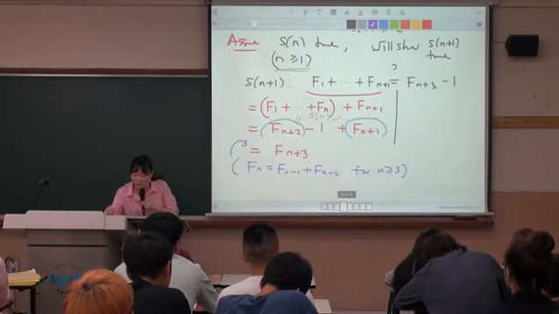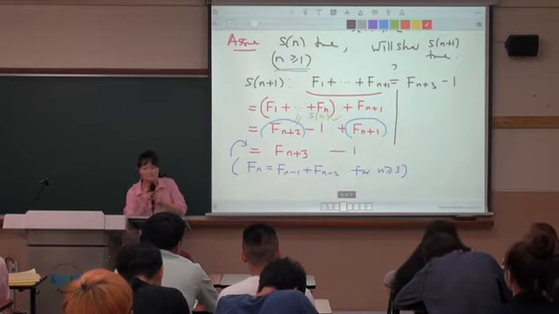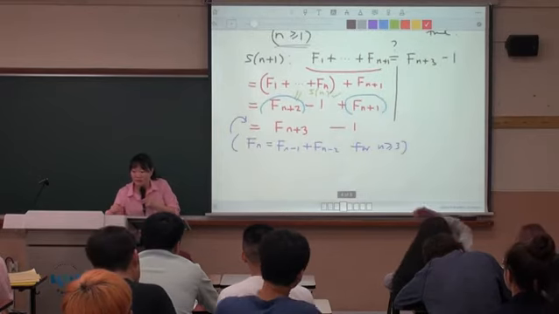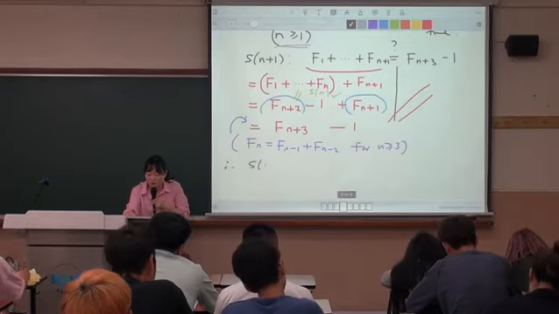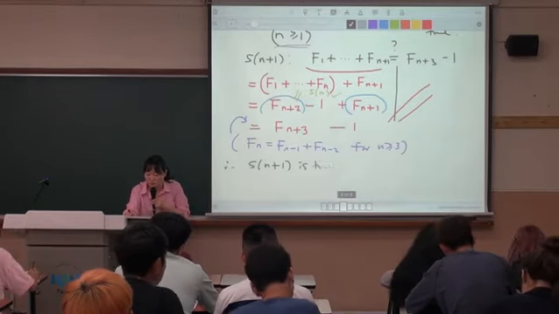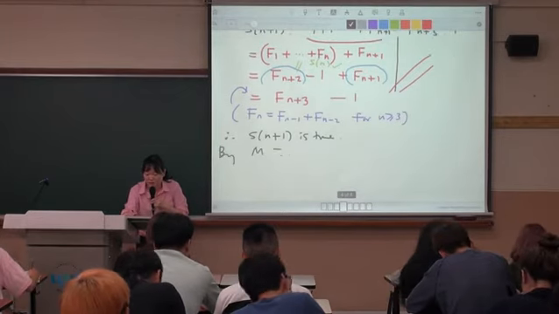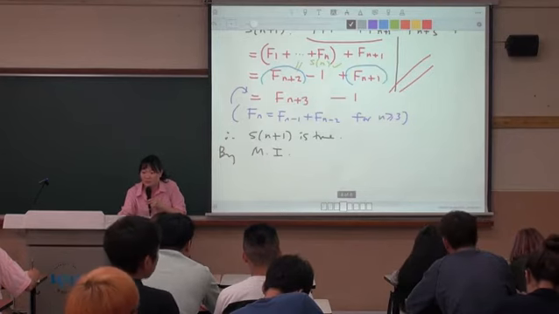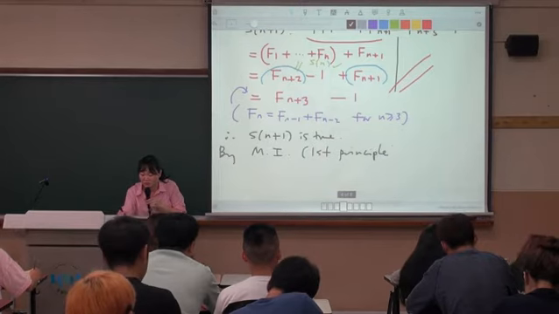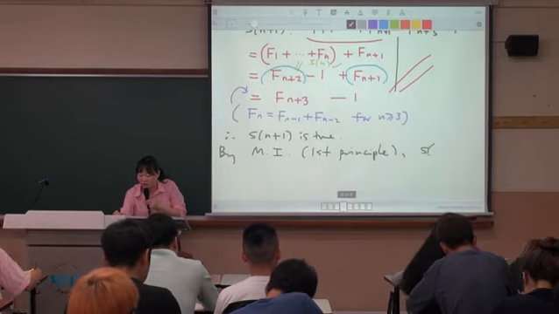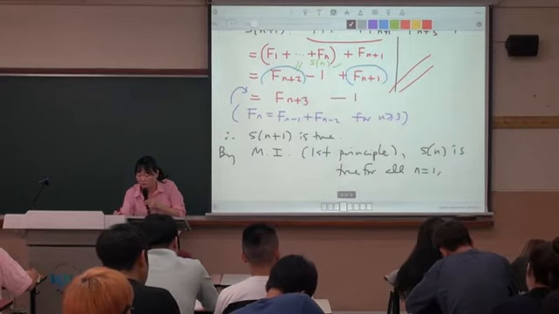So fn plus 3, and then we get minus 1. And they are equal. So Sn plus 1 is true. By mathematical induction. That was actually the first principle. Sn is true for all n equal to 1, 2, 3, etc.